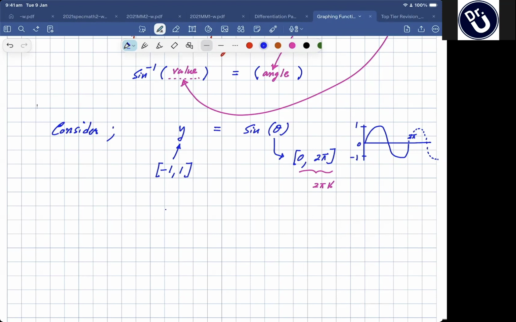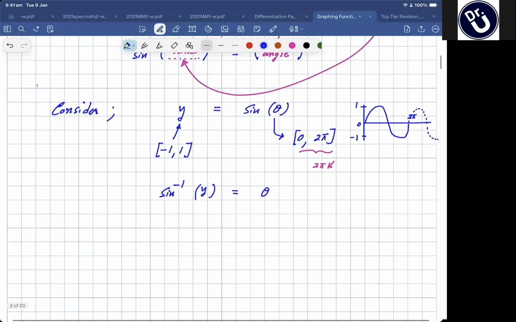Now, let's think about the sine inverse case. So if you do sine inverse, sine inverse y is equal to theta. Now, domain and range are changing, right? Swapping. So now the domain for sine inverse is going to be minus 1 to 1, right? Minus 1 to 1. So this one is going to be the other way around.